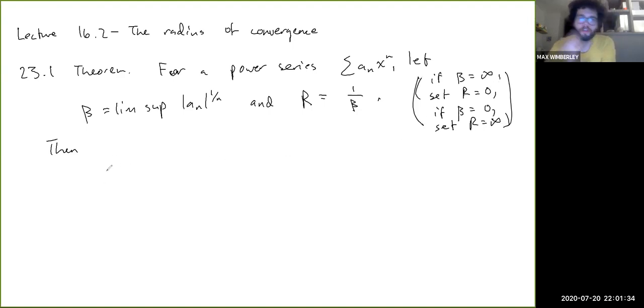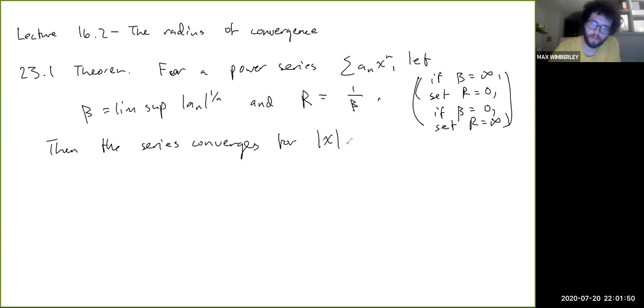All right. So then the theorem states that the series converges for |x| less than r and diverges for absolute value of x greater than r.